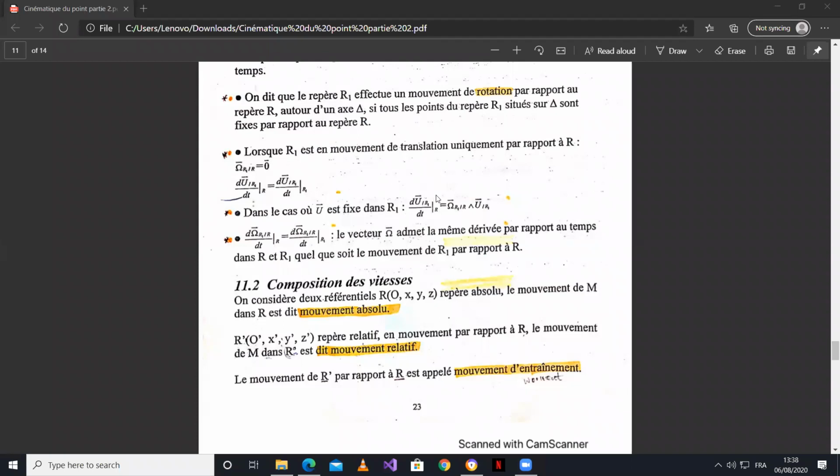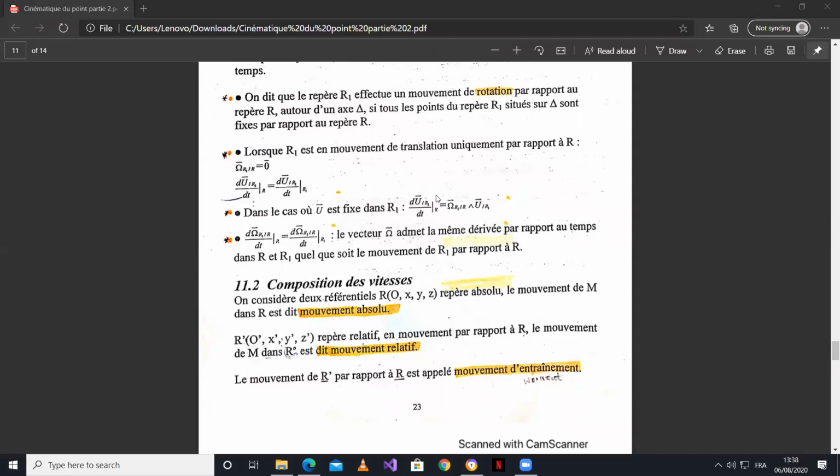If you are studying it in R and the point M belongs to R prime, you will need to take into consideration both diagrams. But if you're being told to study the movement of the point M and it belongs to R prime, and you're being told to study its movement in R prime, there will be no need to use both diagrams.